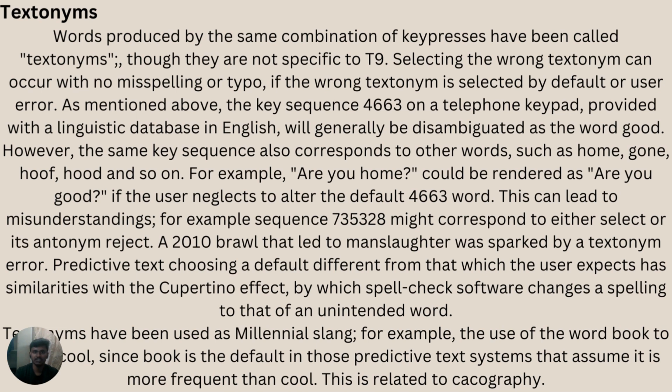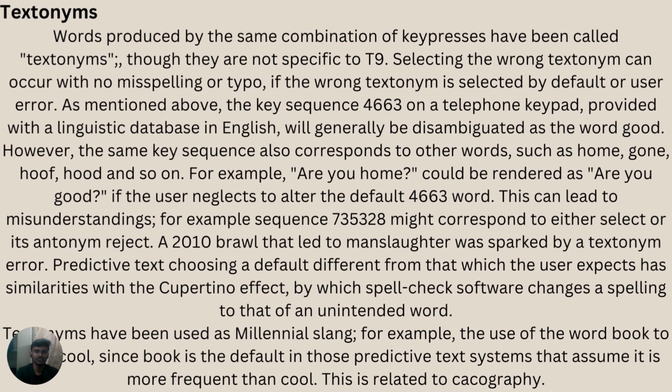For example, the sequence 735328 might correspond to either select or its antonym reject. A 2010 brawl that led to manslaughter was sparked by a textonym, the predictive text choosing a default different from that which the user expected. It has similarities with the Cupertino effect, by which spell-check software changes spelling to that of an unintended word.